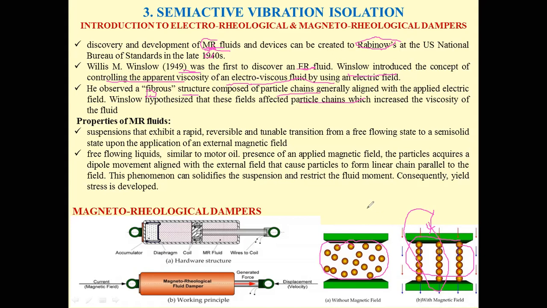And if we apply some electric field, and because of the electric field a magnetic field is generated because of the properties of that fluid, there is an increase in the viscosity of the fluid. So these are the properties of magnetorheological fluids.